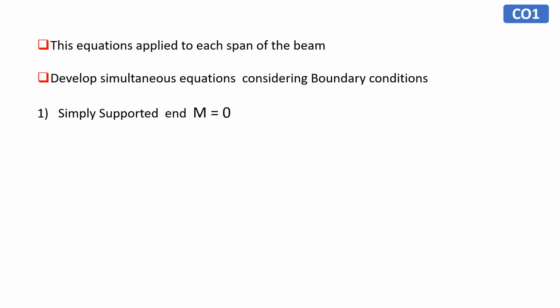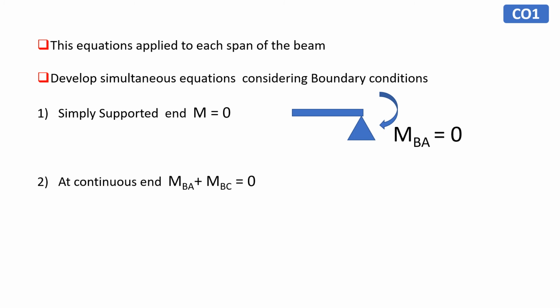The first boundary condition is a simply supported end, which will not carry any moment, or moment is equal to 0. So this is the simple support condition. Suppose we have a joint B over here. If it is a pin, hinge or roller, then MBA is equal to 0. This is our joint equilibrium equation, and we need it to develop the simultaneous equations.